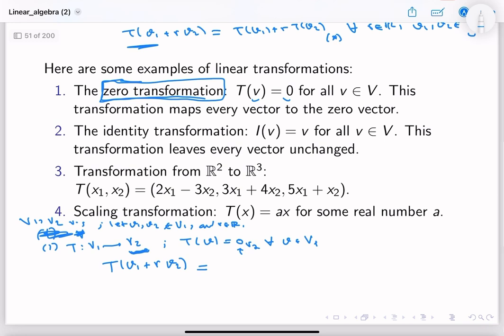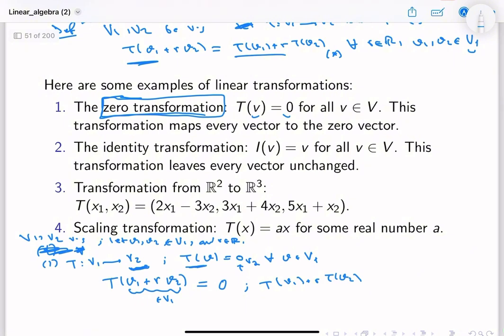How do we prove this? Well, T of V1 plus R V2 is equal to what? This is a vector in V1, and the definition of T is that it takes any vector to 0, so this is just 0. Similarly, if you look at T of V1 plus R T of V2, the right hand side of property star, you see that the first thing is 0 by the definition, plus R times something that is also 0 by the definition.